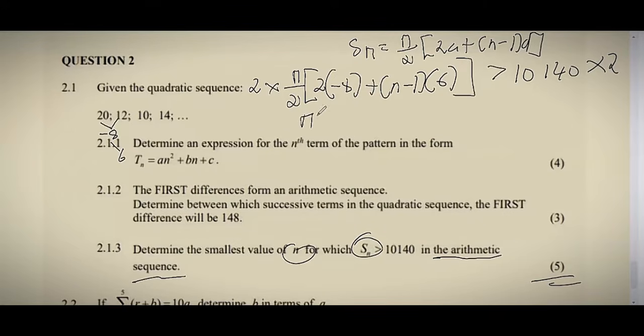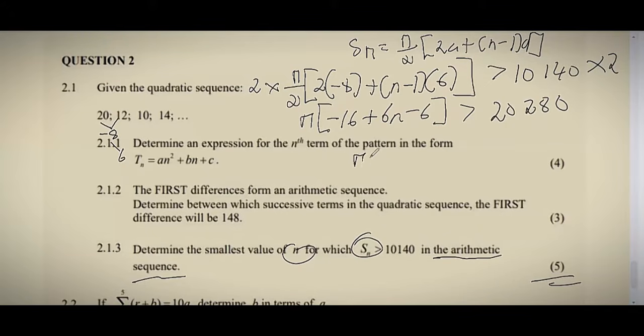So we are left with n here. 2 times negative 8, that's negative 16. 6 times n, that's 6n, and then minus 6. And then greater than, if we multiply 10,140 by 2, that's 20,280, right?